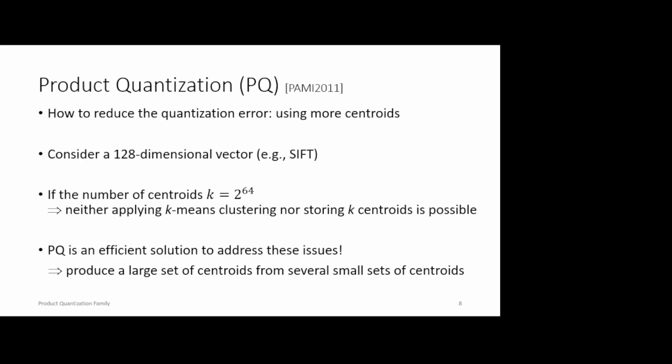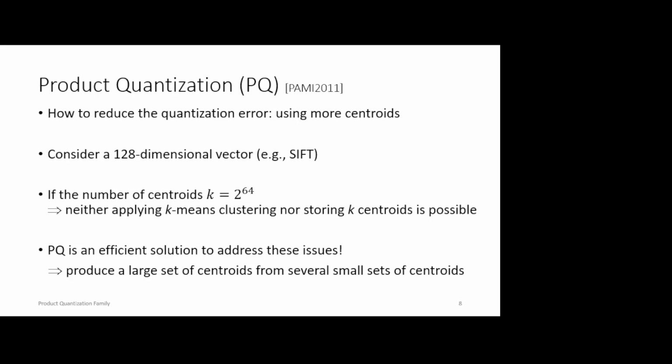If you use only 10, your regions will be large, right? Each cluster contains a large area and more data, but it produces more quantization error. Okay, it's very reasonable. So using more centroids can reduce your quantization error.